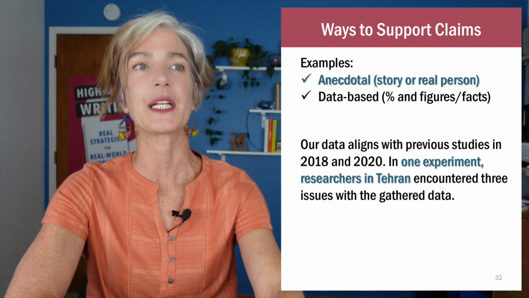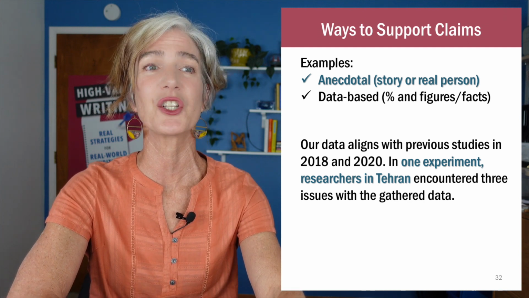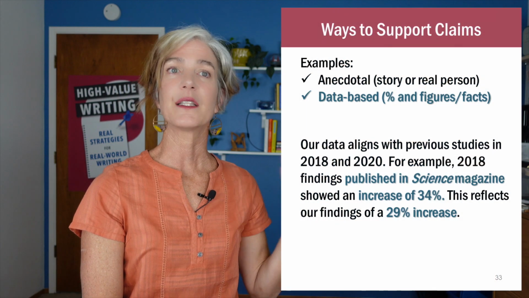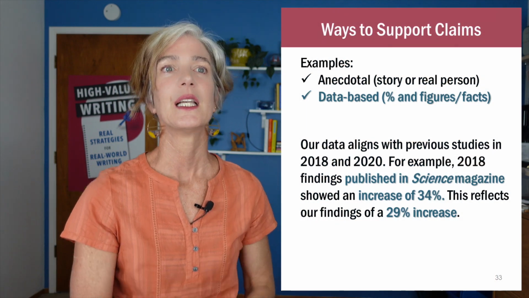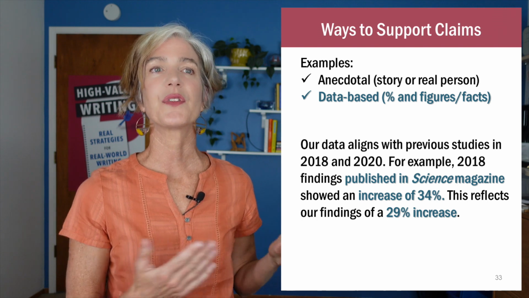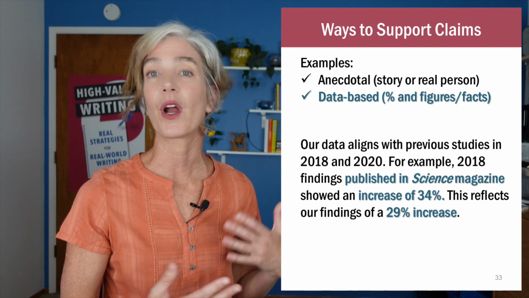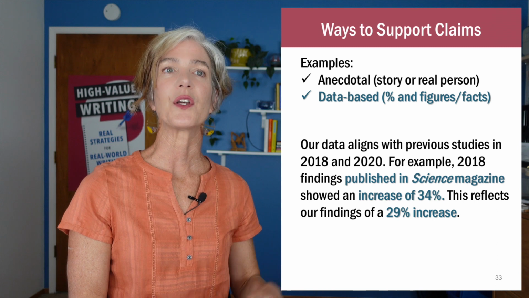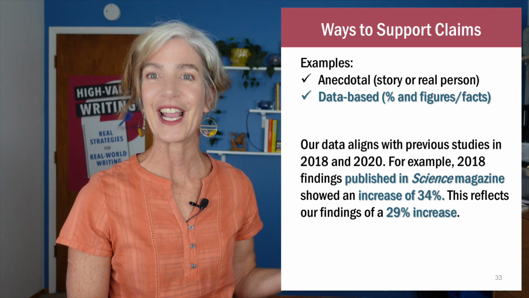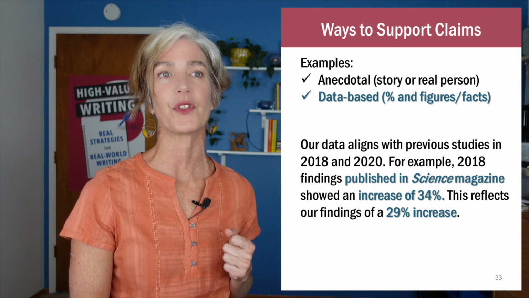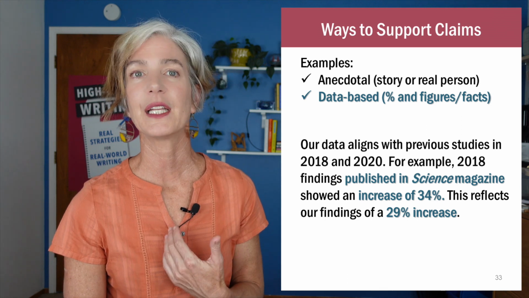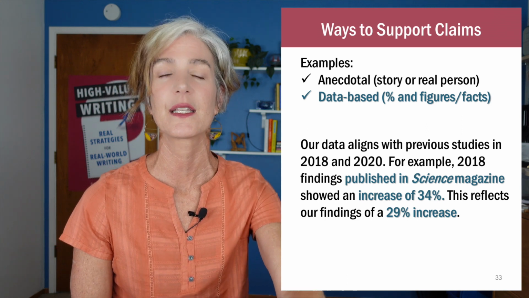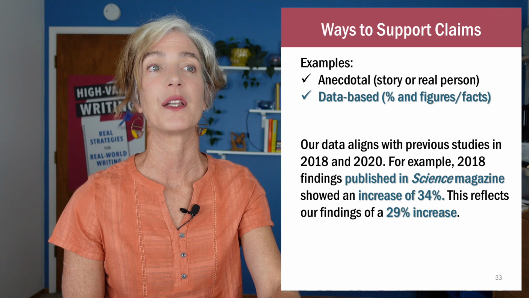So I'm providing an anecdote to support the idea that we have issues with the data. I could also say our data aligns with these previous studies, and then reference a couple of studies in Science magazine or other places and reference those numbers: the findings in Science showed an increase of 34%. Our findings were a 29% increase, and those two correspond or align.